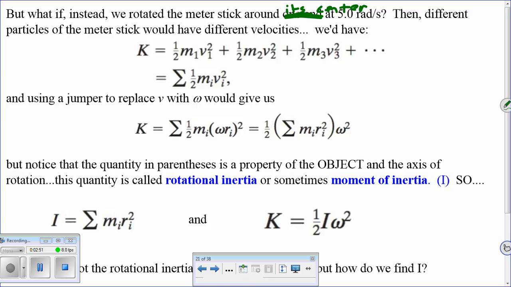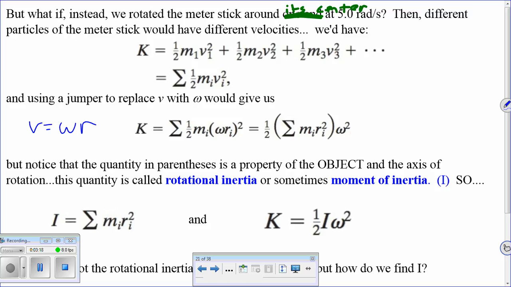Follow? Okay? So that would be the sum of 1/2 all of your individual particle masses added up, times each of their individual velocities squared, right? Okay? So, but notice, one of the things we learned the other day was that v is omega times r. And since we're talking about rotating this thing, it's natural to talk about angular velocity, right?